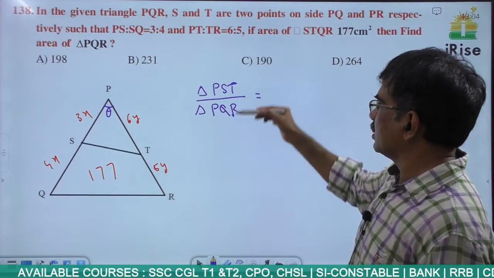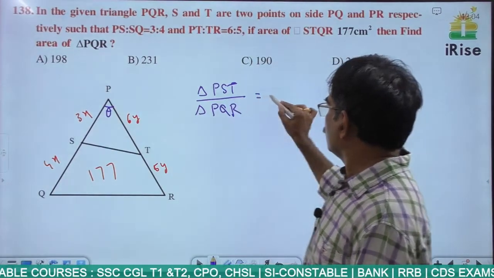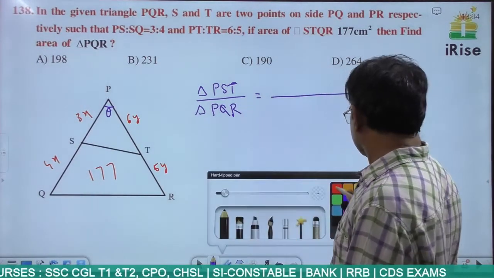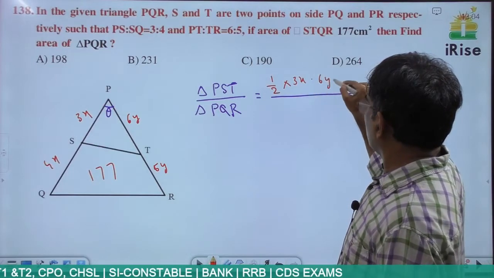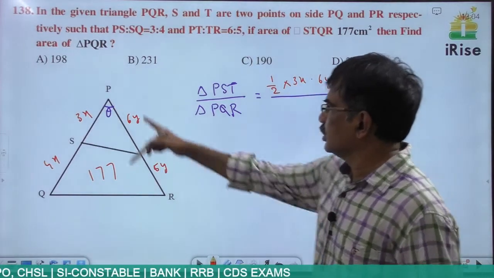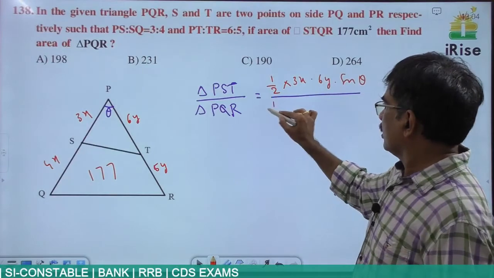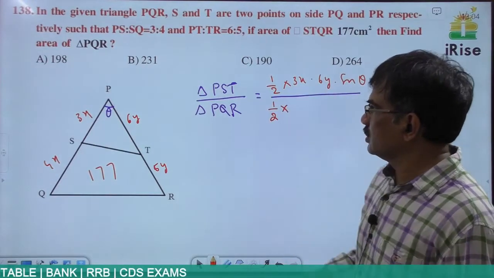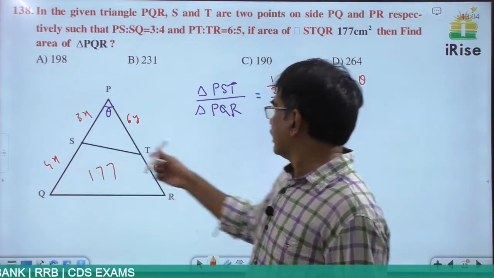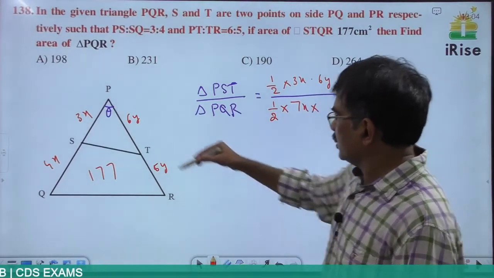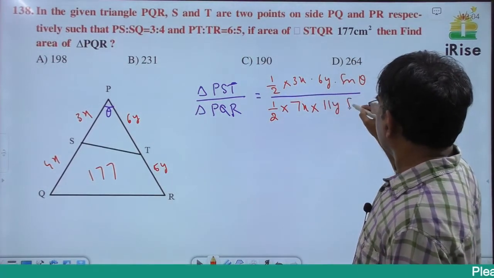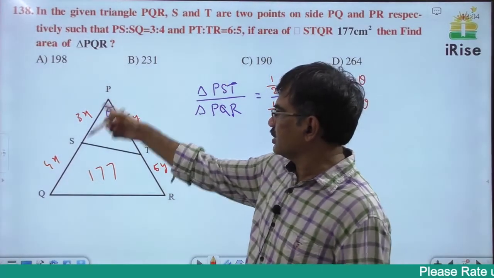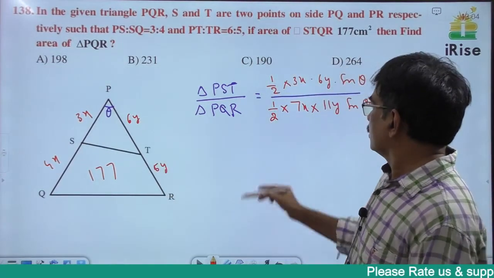This is half into 3x into 6y into sin theta. The total area is half into the total length 7x into the total length 11y sin theta, because this angle is the same for the big triangle also.